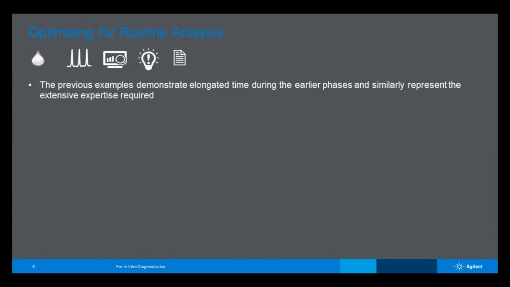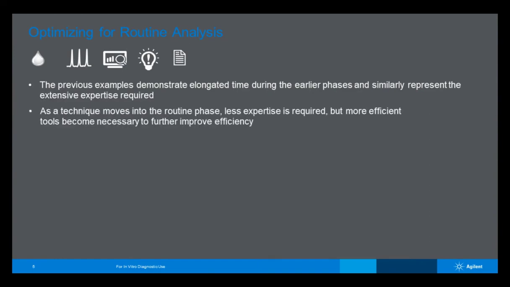Now, the previous examples have demonstrated that there's an elongated time during the earlier phases, which can similarly represent the amount of extensive expertise that's required. As the technique moves into the routine phase, however, less expertise is required, but in order to continue to gain efficiency, specifically time to results, it becomes necessary to employ other tools in order to continue to improve that efficiency.